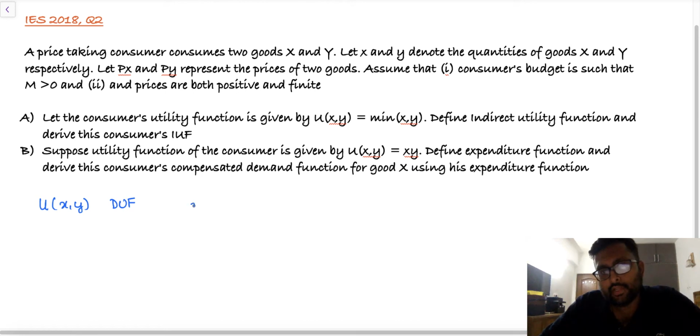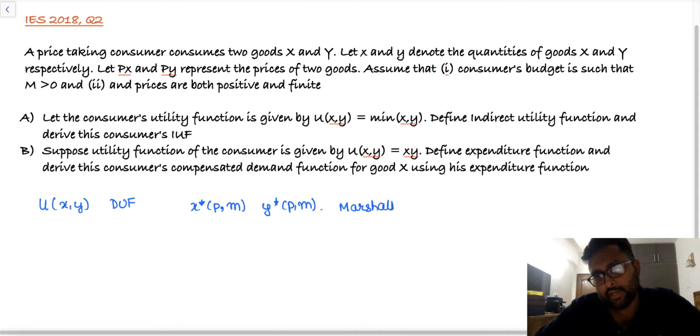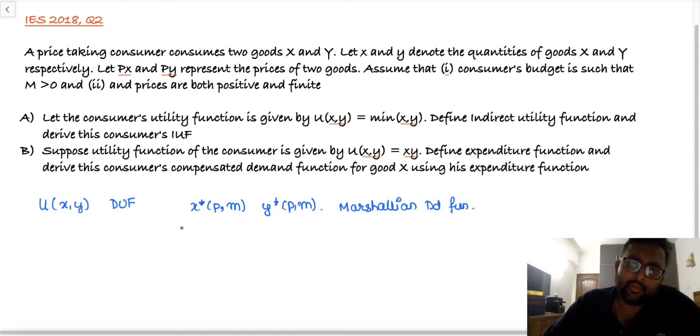So what you do is that you find the Marshallian demand functions, right? These are the Marshallian demand functions, x star and y star. And these Marshallian demand functions or ordinary demand functions are functions of prices and income, right?